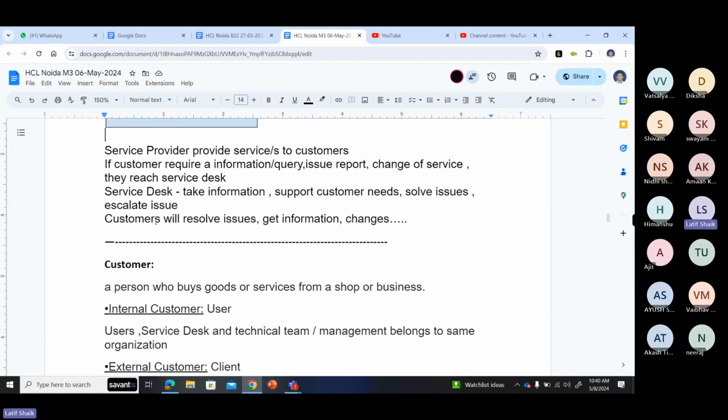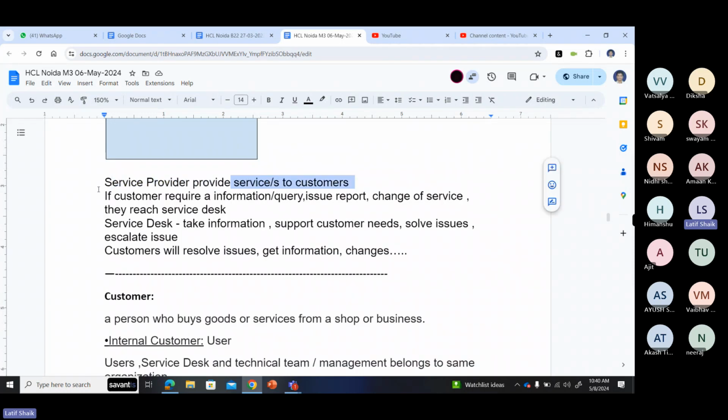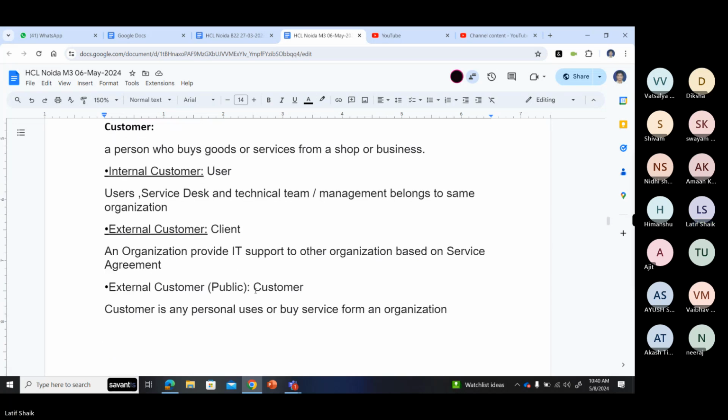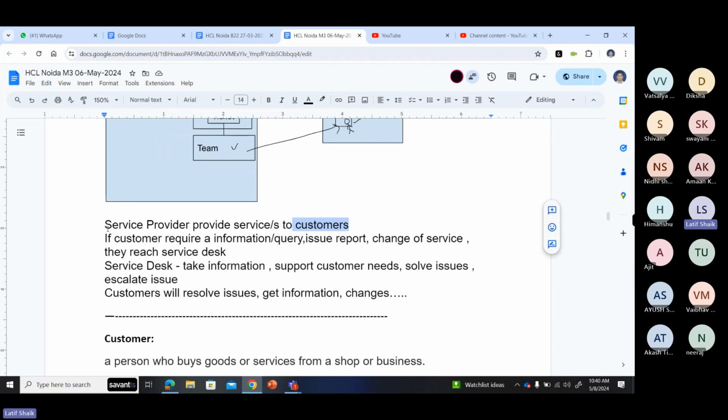Next, I told you about what a service provider is: it provides a service to the customer. I also explained what types of IT services there are and who the customers are. We also discussed internal customers and external customers. So why should we know how communication happens with a service desk?